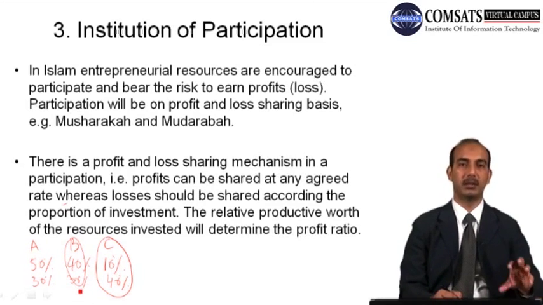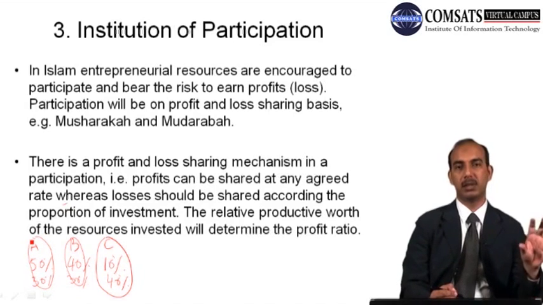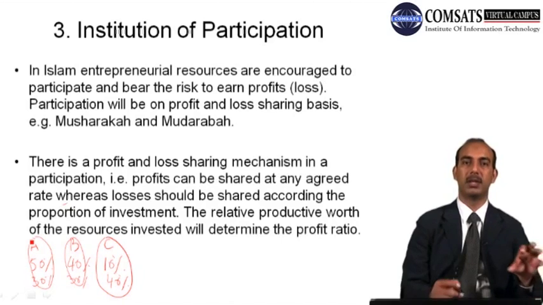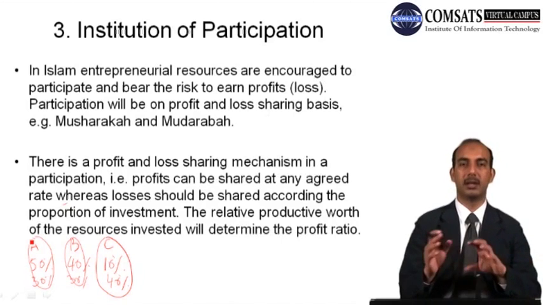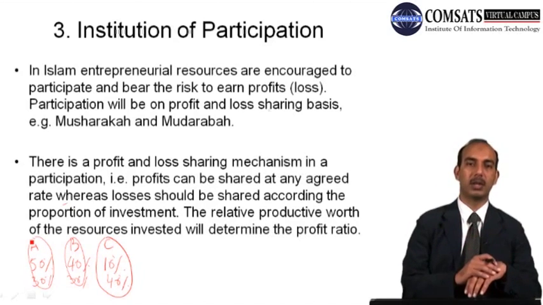It means B might also be having some more business activities, and A seems more like a sleeping partner. So the share of a sleeping partner will be lesser, whereas the active partners will be getting higher shares, despite the fact that they have the least share in the total capital.